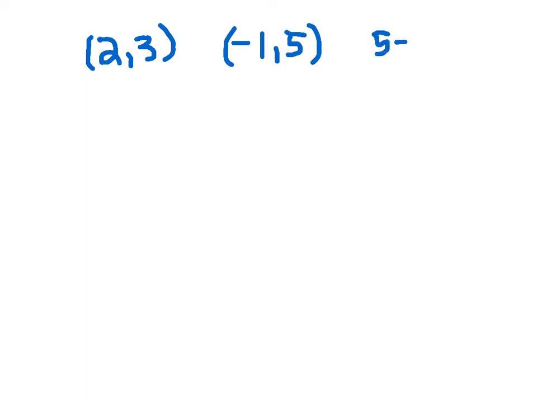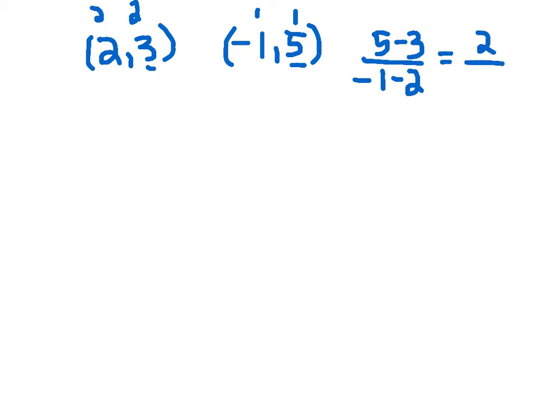This time I'm going to do 5 minus 3 over negative 1 minus 2. Again, it doesn't matter which of these y's I use first. If this one goes first on the top, then this one has to go first on the bottom. 5 minus 3 is 2. Negative 1 minus 2 is negative 3, so we know that slope is negative 2/3.